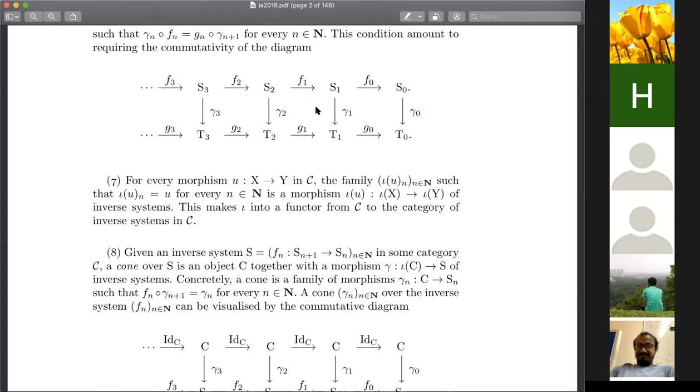If all the vertical arrows are equal to this arrow u, all these s's are equal to x and all these t's are equal to y, and all these f's are equal to identity, all these g's are equal to the identity of y. Then of course this is an example of a morphism of inverse systems.